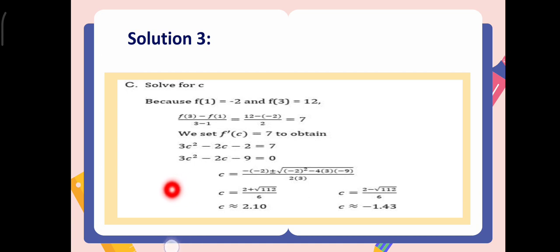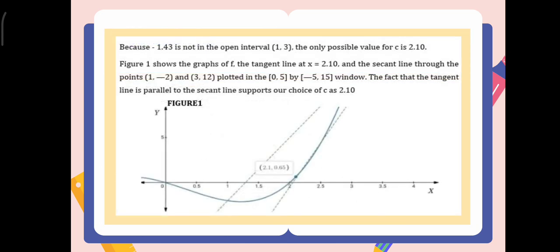So, the first approximation is c is equal to 1.55, and the second one is c is approximately negative 2.2. We are going to find which number c in the open interval will satisfy the mean value theorem. Because the second value is not in the open interval 1, 3, the only possible value for c is the first one.